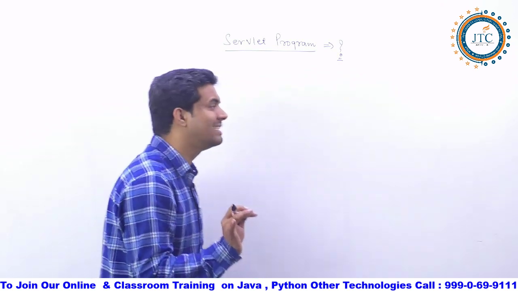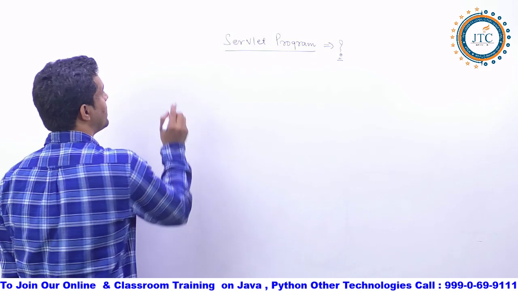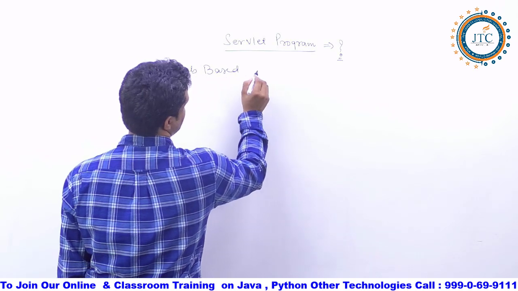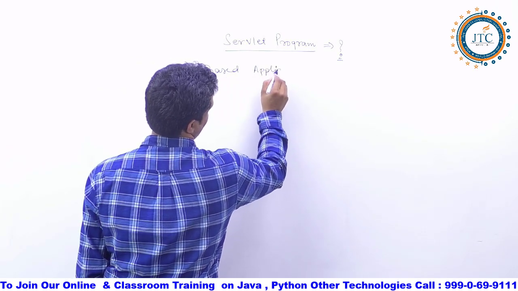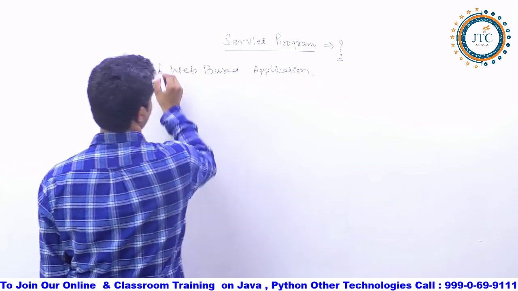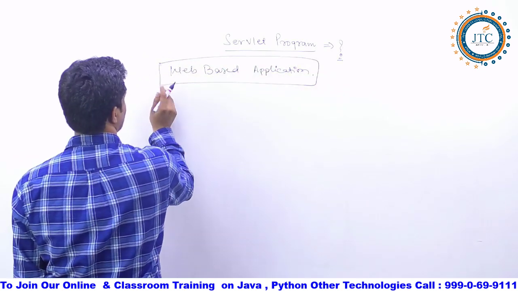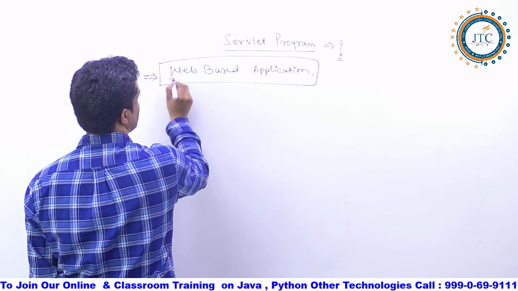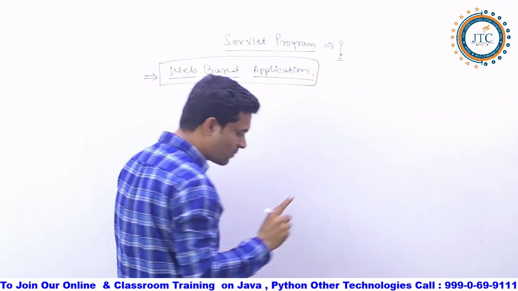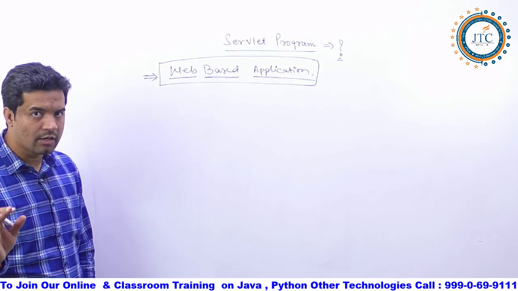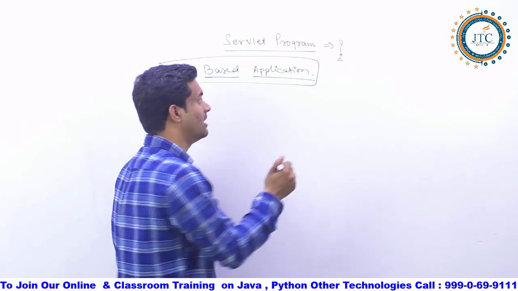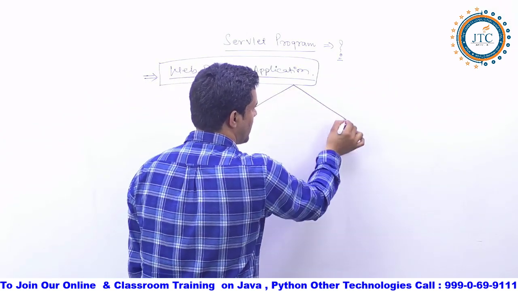In order to develop a servlet program, or instead of calling it a servlet program, I am calling it a web-based application. So when I say this is a web-based application, in order to write it, what entire components do we have? A web-based application is one unit itself, and I am dividing it into two parts.